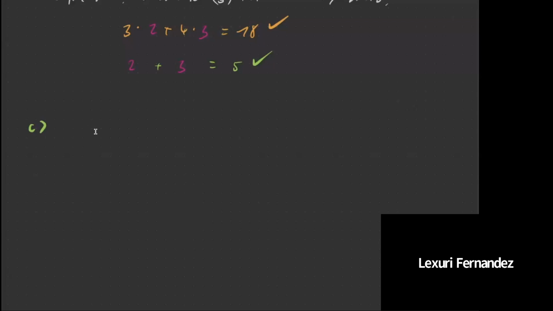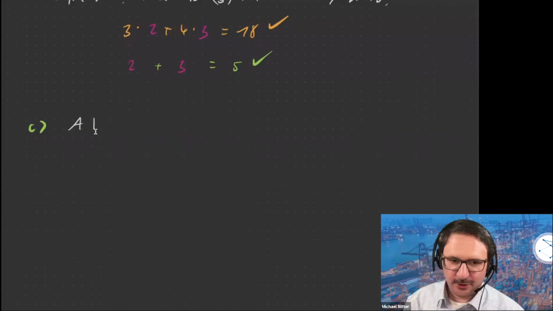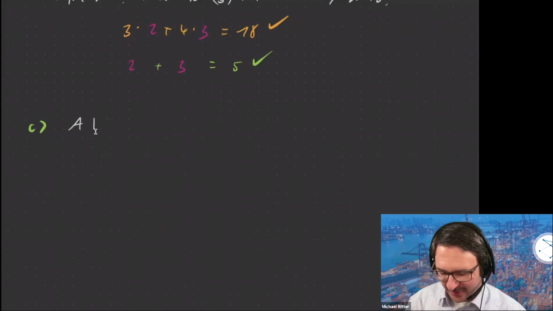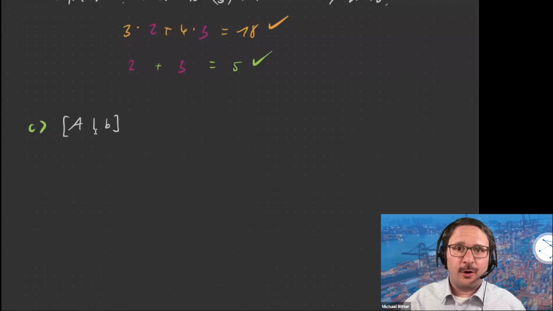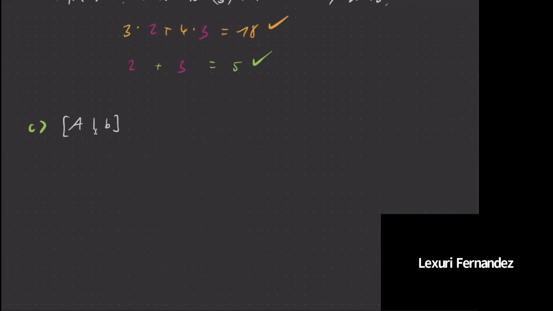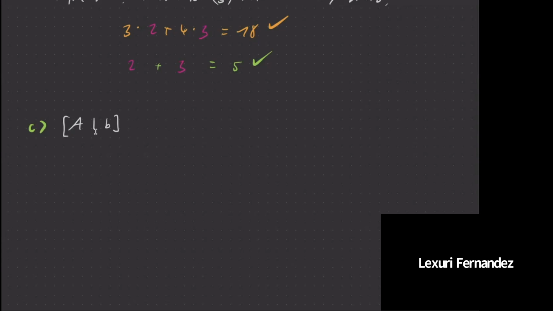Transform the system into a tableau. So a tableau of the form, we have some left-hand side in the tableau. We'll usually denote that by A and some right-hand side B. What we do for the tableau is first we need to make sure that all the coefficients associated with some x are on the left-hand side of our equation system, and all the constants are on the right-hand side.